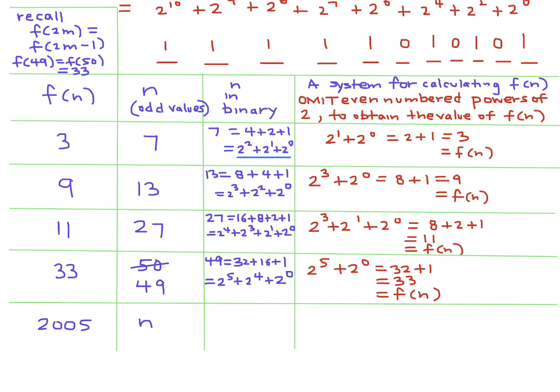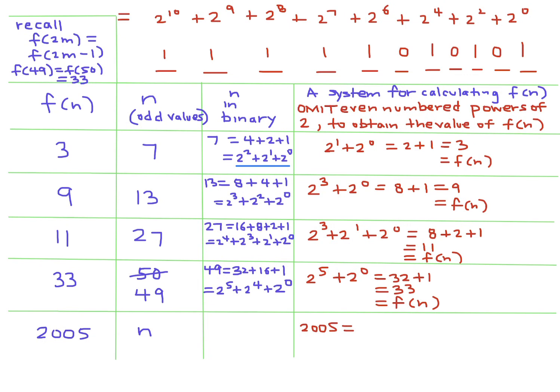Okay? First, let's figure out what is 2005 in terms of binary. Well, 2005 in terms of binary, we did this earlier up. It's actually right here. I kept it in for a reason. It's 2 to the power of 10 plus 2 to the power of 9 plus 2 to the power of 8 plus 2 to the power of 7 plus 2 to the power of 6 plus 2 to the power of 4 plus 2 to the power of 2 plus 2 to the power of 0.